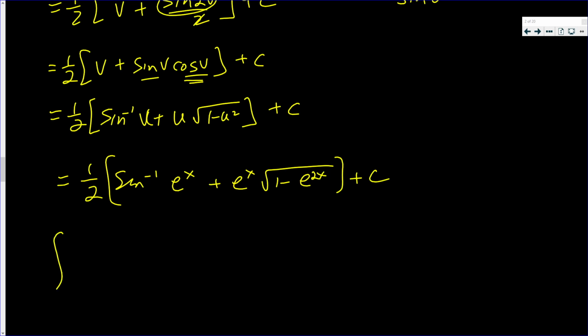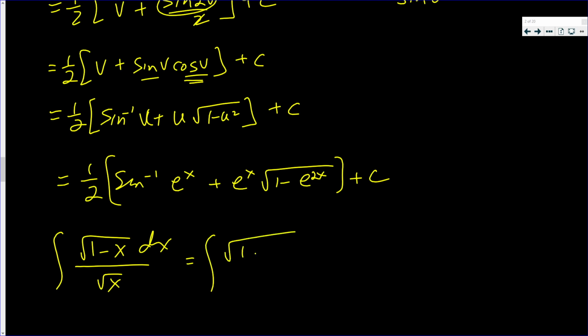Suppose you have the integral of the square root of 1 minus x dx over the square root of x. Now, me personally, I see trig substitution here, because x is the square root of x squared over the square root of x dx.